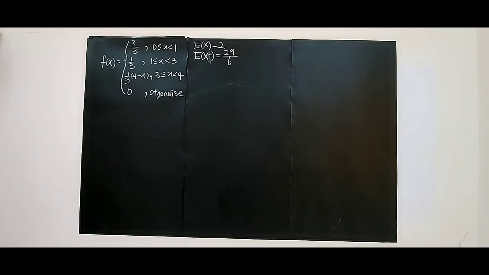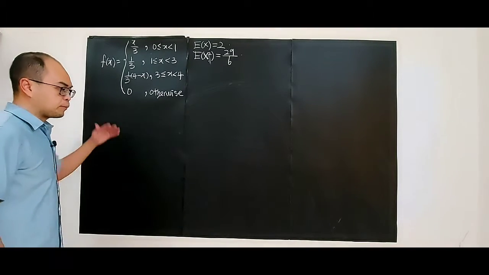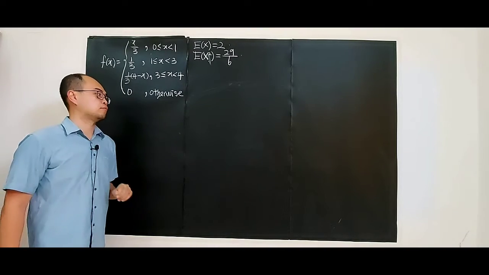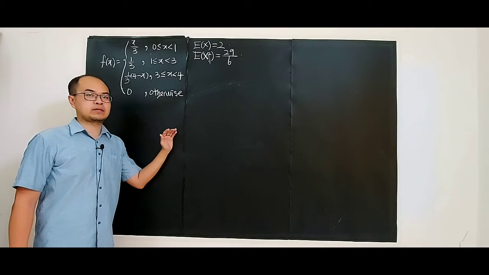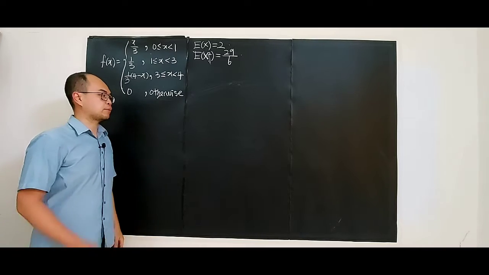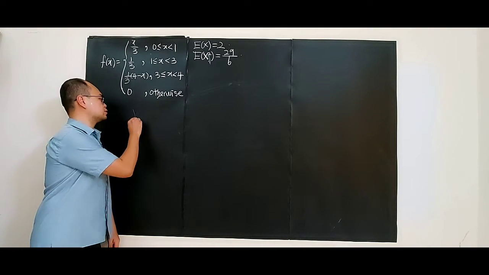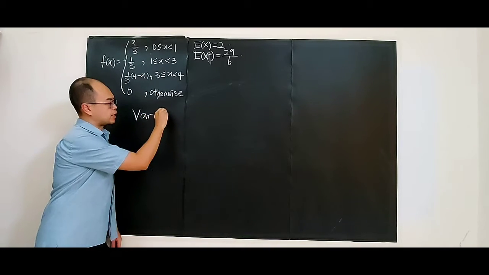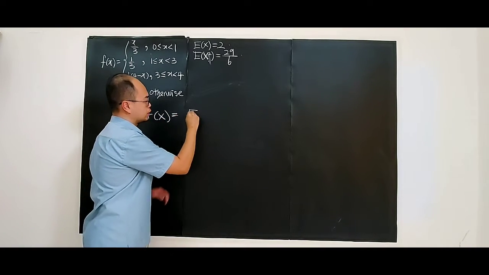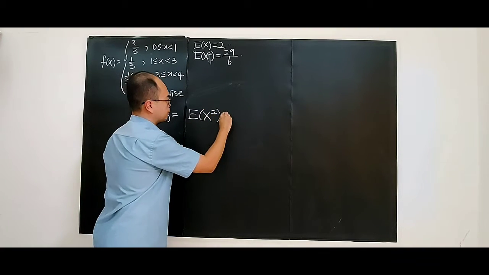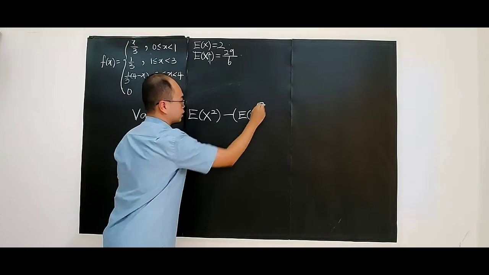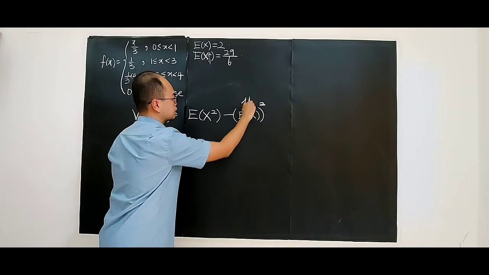To find the variance, the formula for variance and the properties of expectation and variance are all the same between discrete random variables and continuous random variables. I repeat again, the formula for variance is derived to be the expectation of x squared minus the square of the mean.